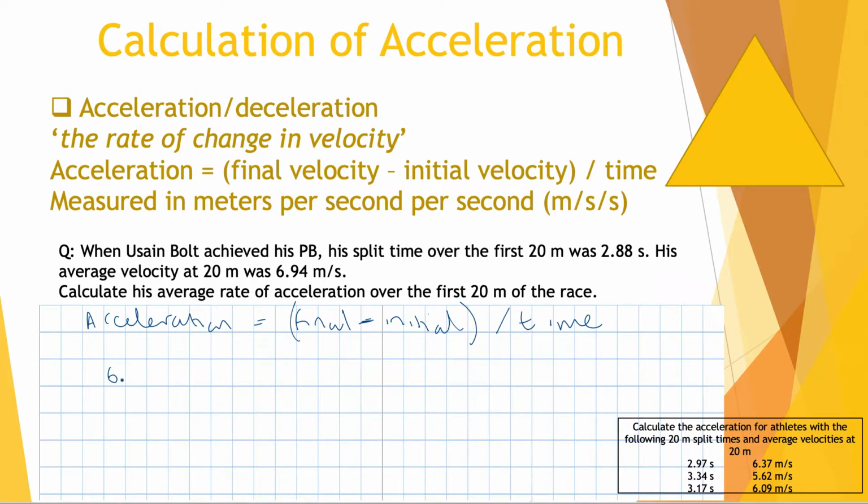So let's put that in. 6.94 minus the initial velocity. Well, this is the first 20 metres of the race, so his initial velocity is 0, which gives us obviously 6.94. And then we need to divide that by the time. 6.94 divided by the time, which was 2.88, gives 2.41, and then again we must not forget metres per second per second.